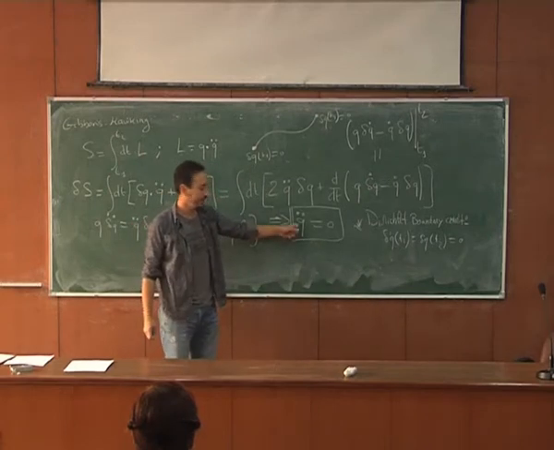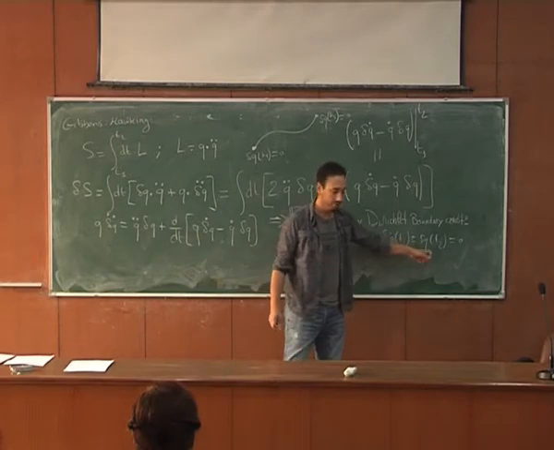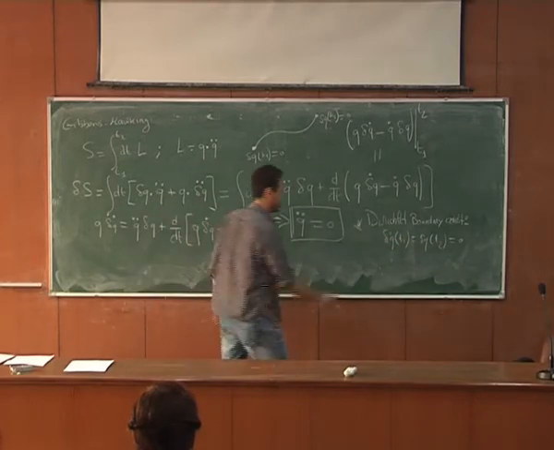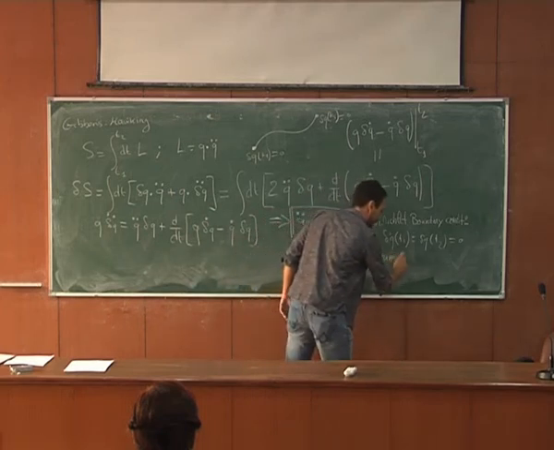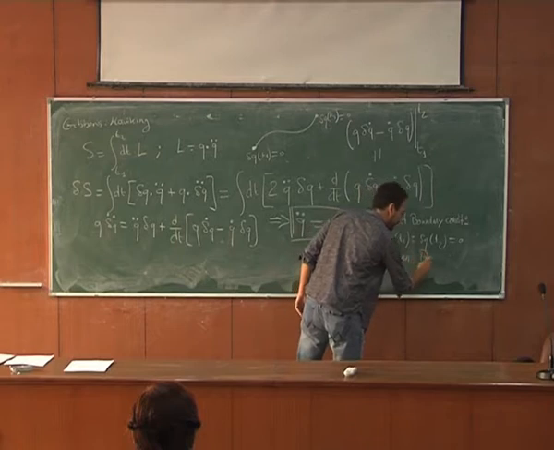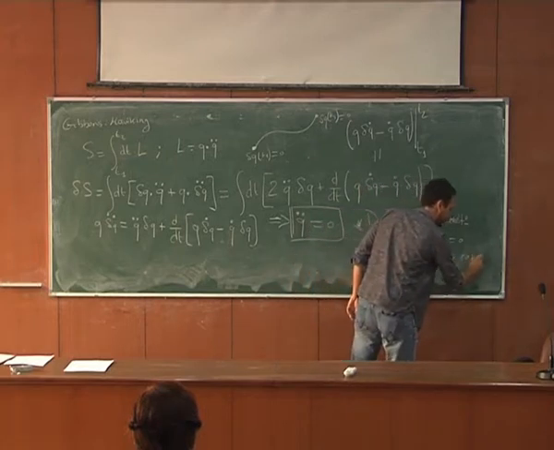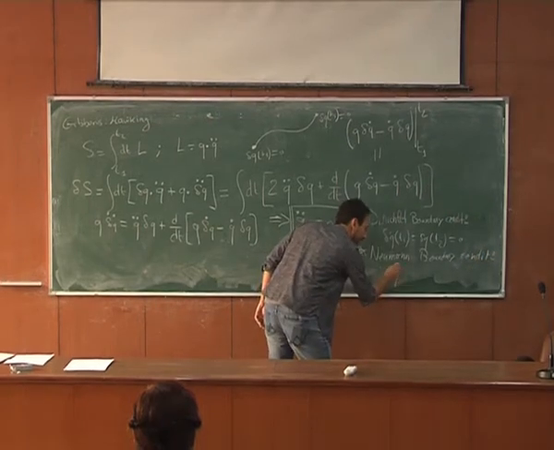Remember that we have a second order differential equation. I impose two conditions, so my problem is well defined. The other one is the Neumann boundary conditions, where I impose that the velocity is fixed.